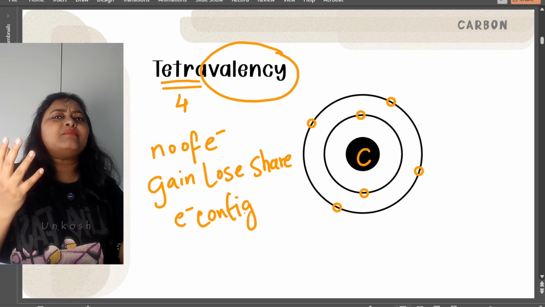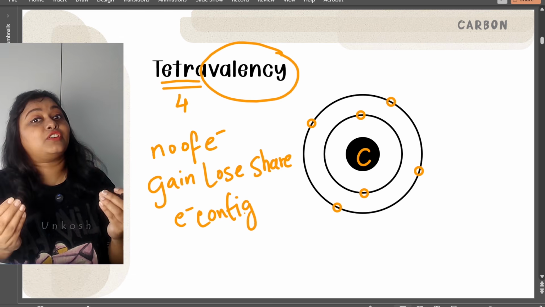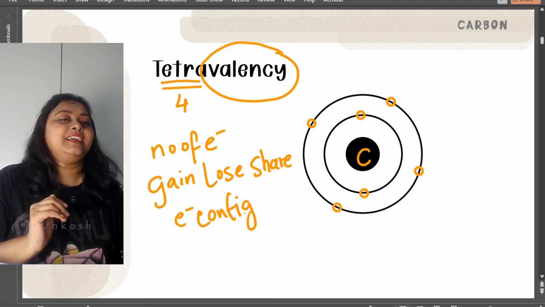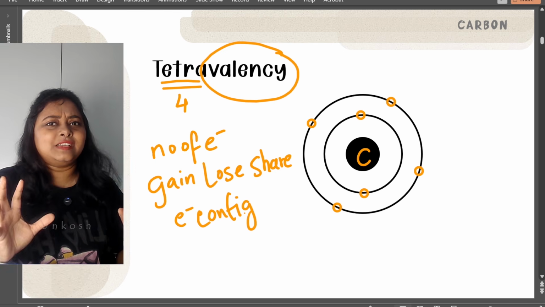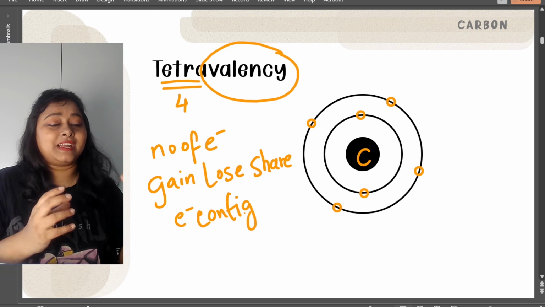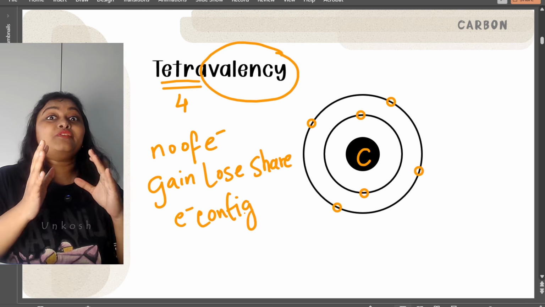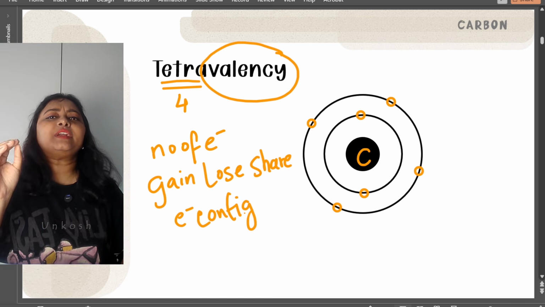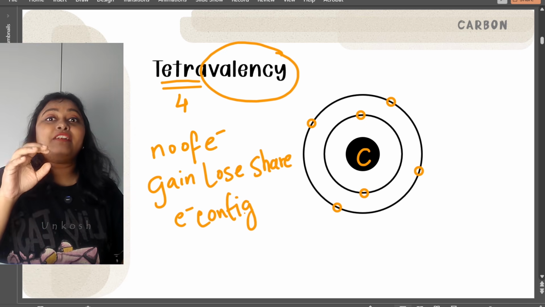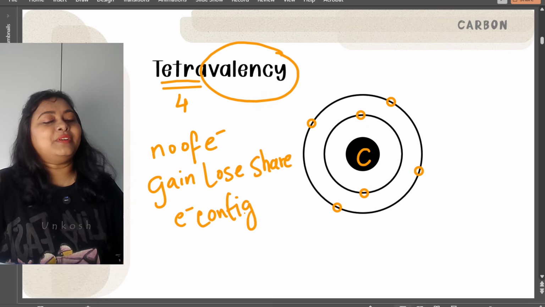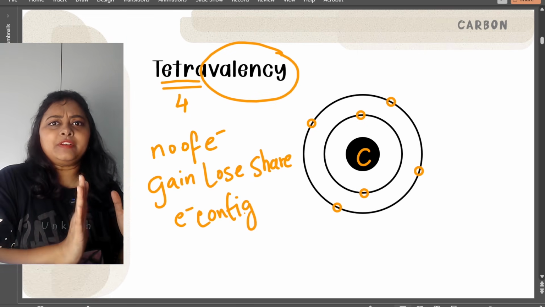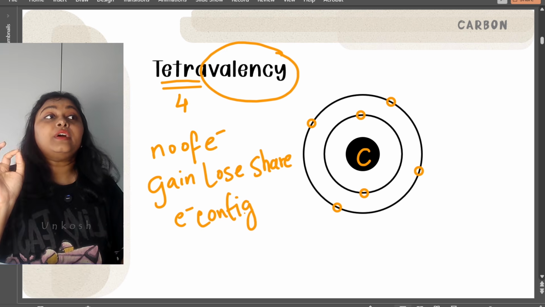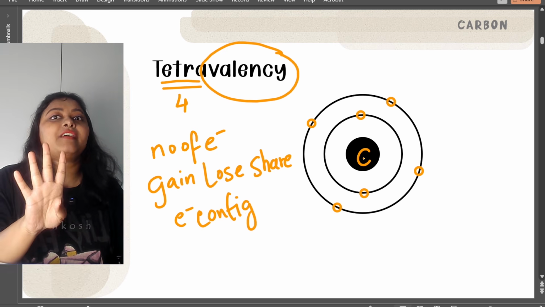So what is this stable electronic configuration? We have heard of this terminology also in previous class. If you're not able to remember for some reason all these concepts from ninth standard, don't worry, we have it covered for you. You can check the description down below and find the link to revise your previous year's topics. Let's continue, assuming that you remember these terminologies. Now, carbon is showing tetravalency.